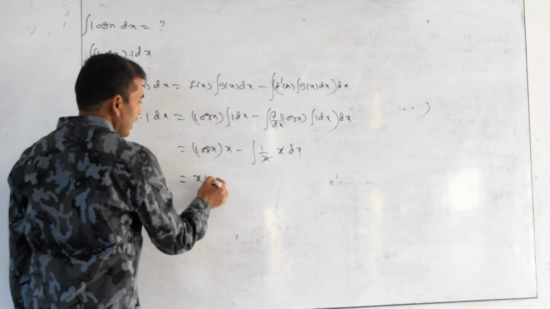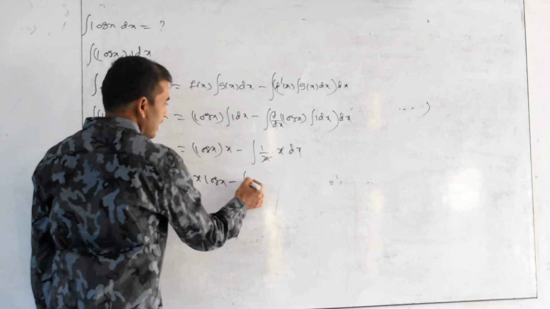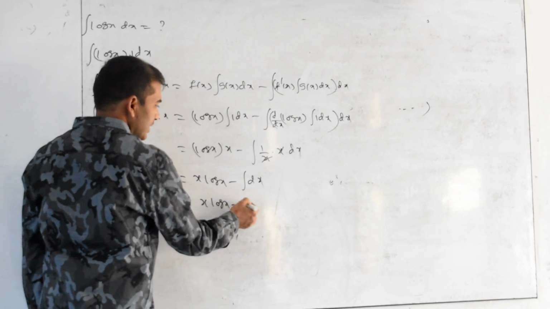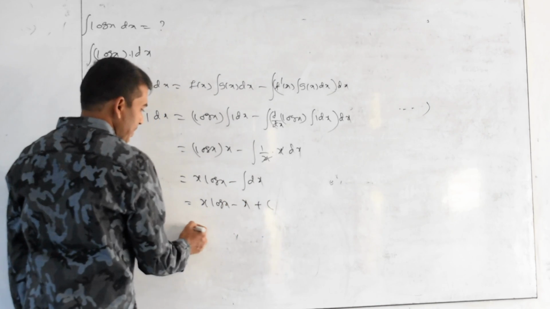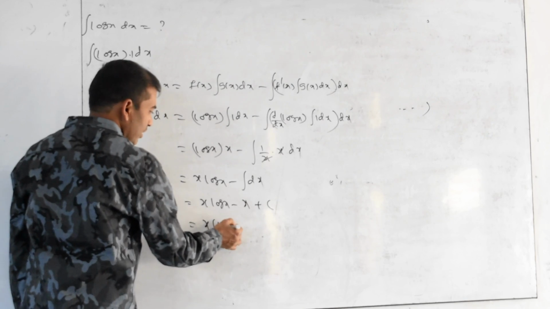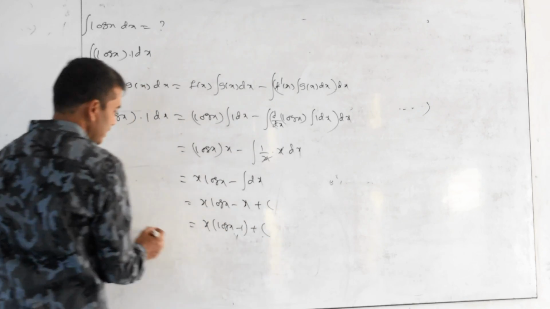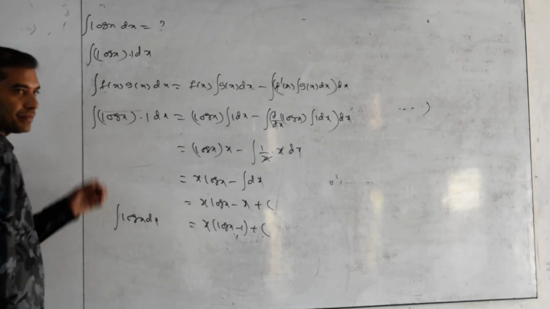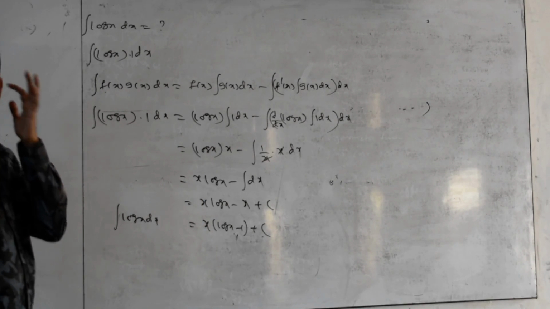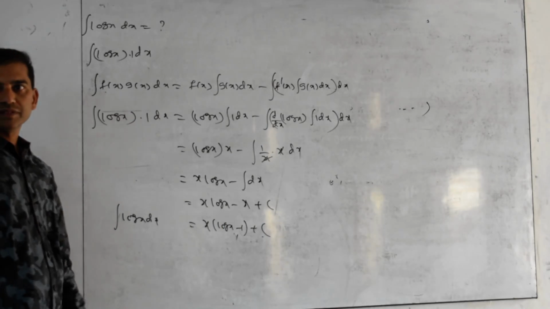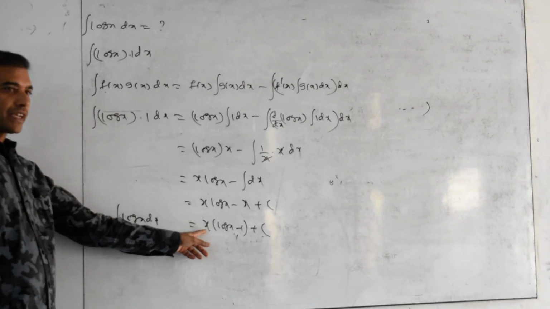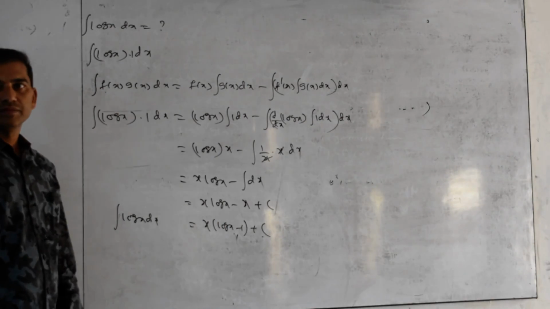So x log x minus integration of 1 dx, which is x log x minus x plus c. Taking x common, x into log x minus 1 plus c. This is the integration of log x dx form. Standard form is integration of log x is x into log x minus 1.